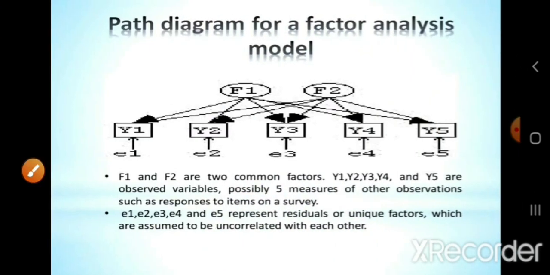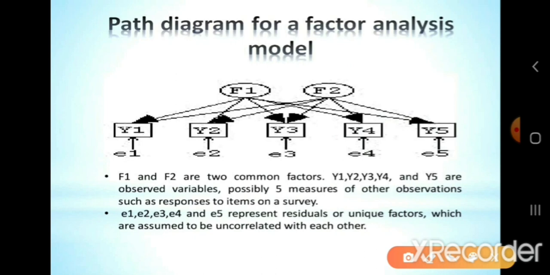Now we can see the path diagram of the factor analysis model. Suppose we have some unique or uncorrelated variables e1, e2, e3, e4 and e5.